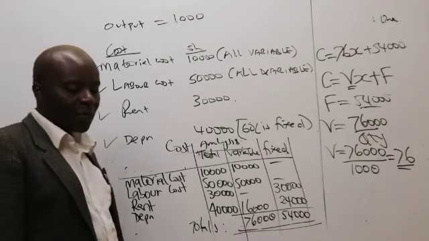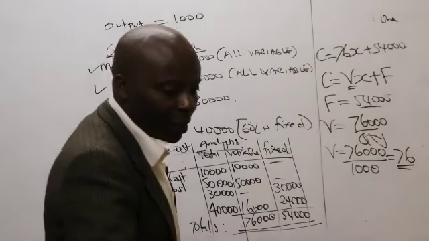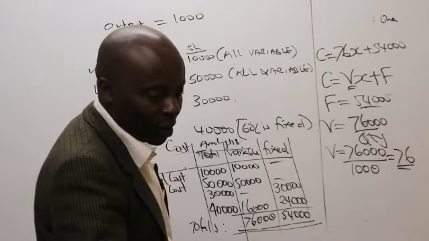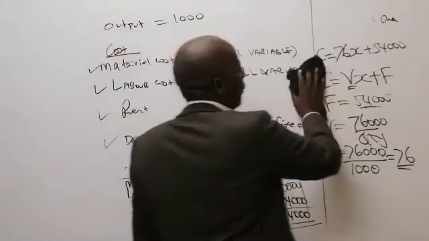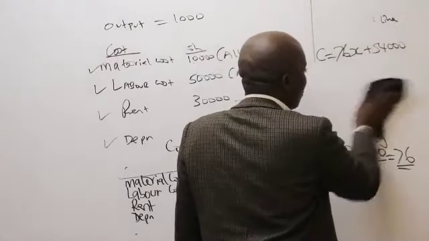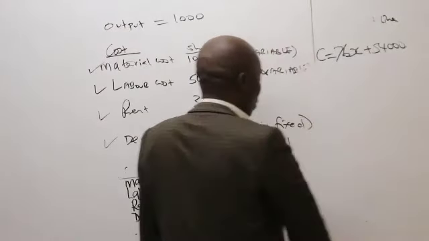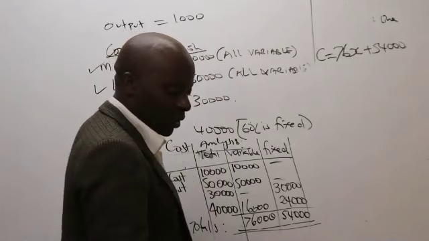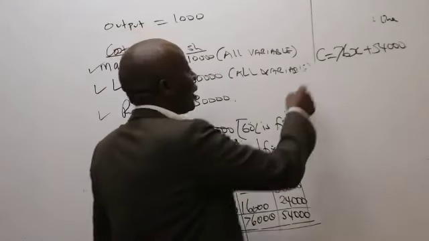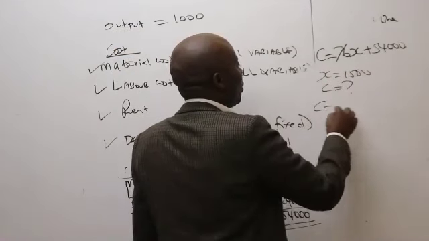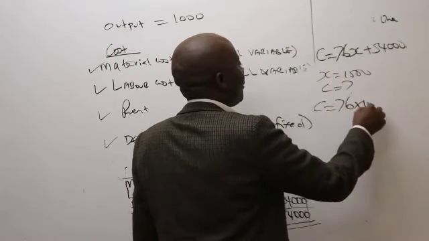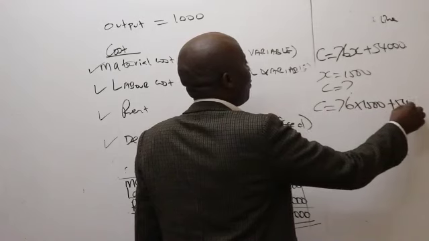I'll ask myself this simple question: what will be the total cost when X is 1,500? So my total cost will be 76 times 1,500 plus 54,000.